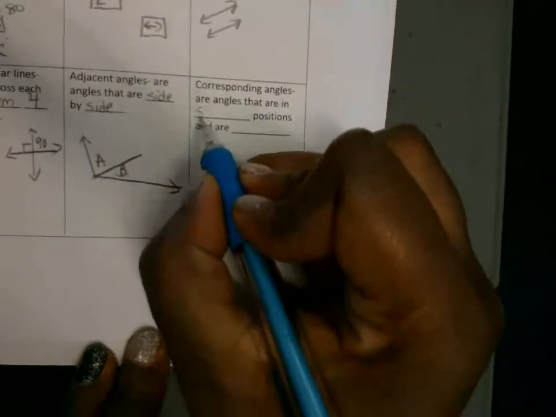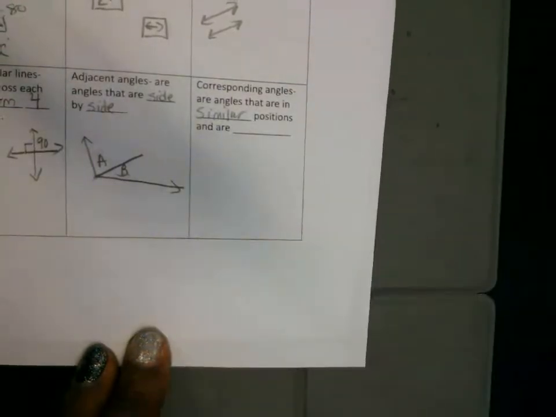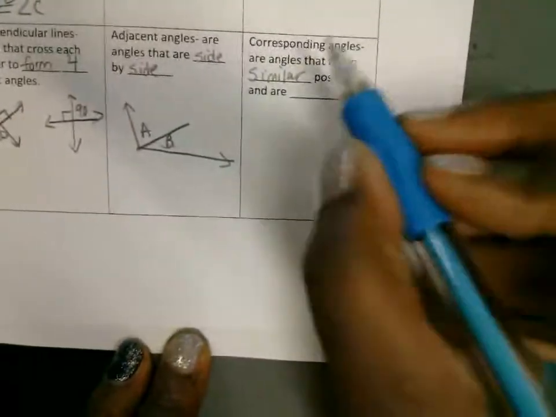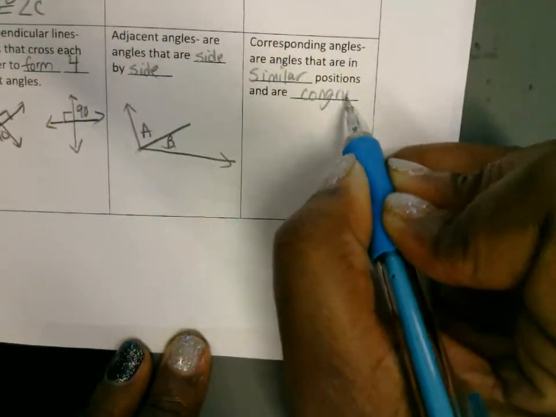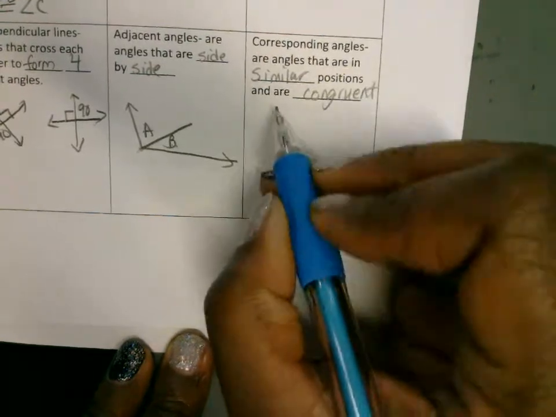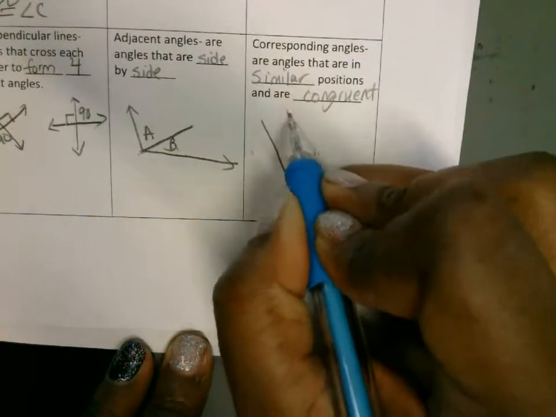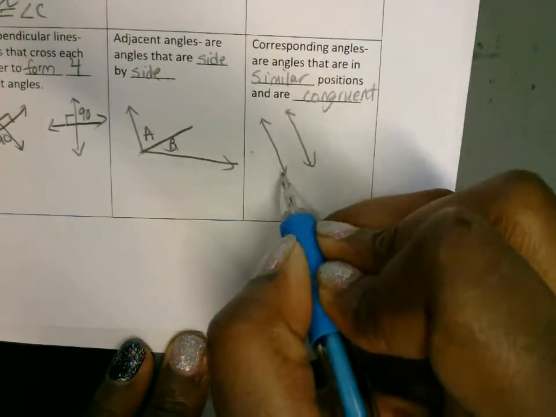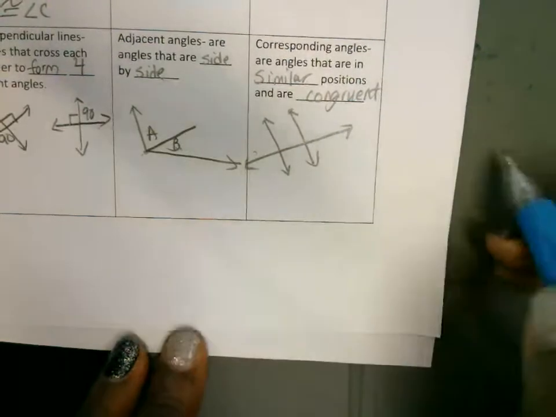Corresponding angles are angles that are in similar positions, and they are also congruent. Suppose these are my two parallel lines here, and this is a transversal line that cuts a pair of parallel lines.